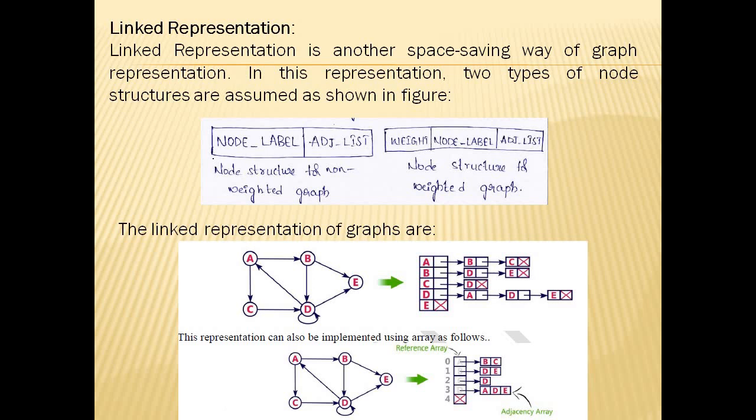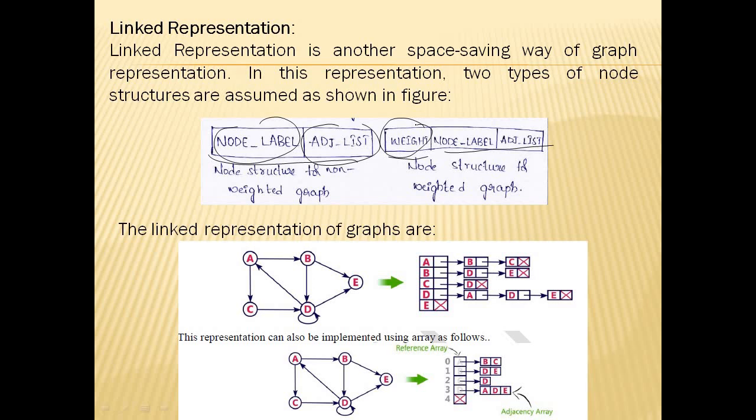One has the node label and adjacency list. Another has the weight, node label and adjacency list. So once you have any graph, it will be represented with links: one is the node label, another is the adjacency list, that is, what is the next vertex. We have a link, and along with it we can also represent the weight.